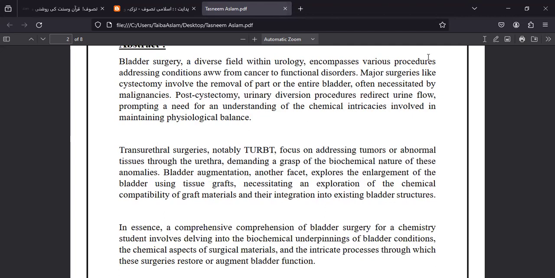Bladder augmentations and other facets explore the enlargement of the bladder using tissue grafts, necessitating an exploration of the chemical compatibility of graft materials and their integration into existing bladder structures.